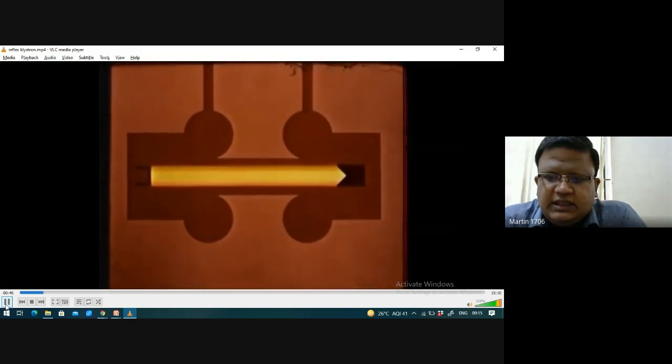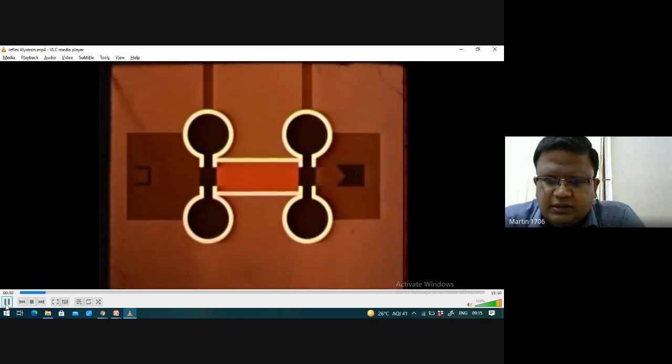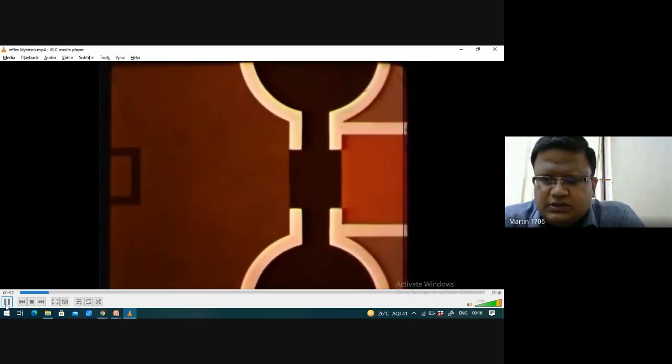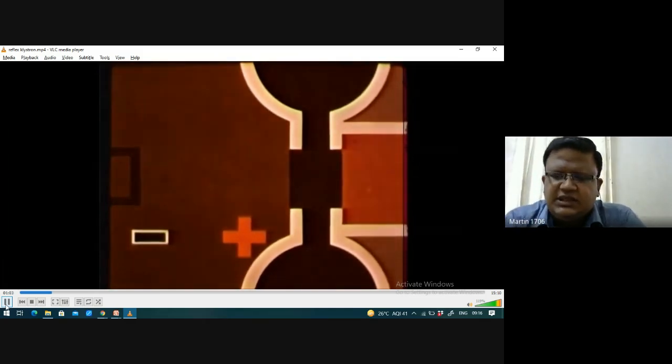So this yellow beam is nothing but the beam of electrons going from the starting point to the catcher point. Once it goes, we see one side is positively charged and the other is negatively charged.